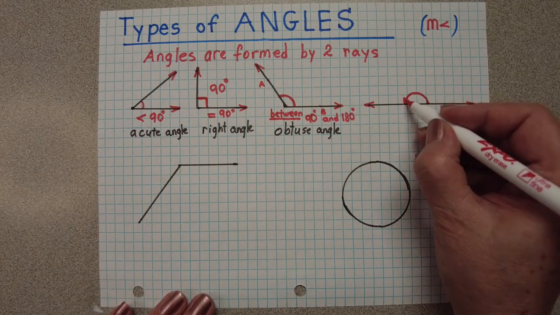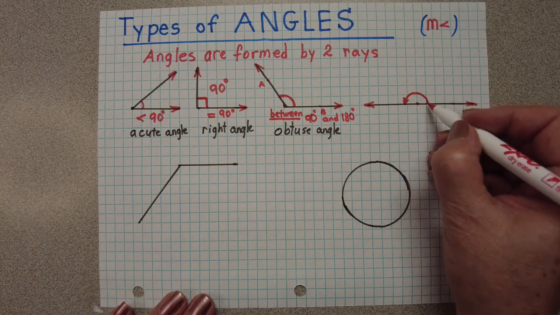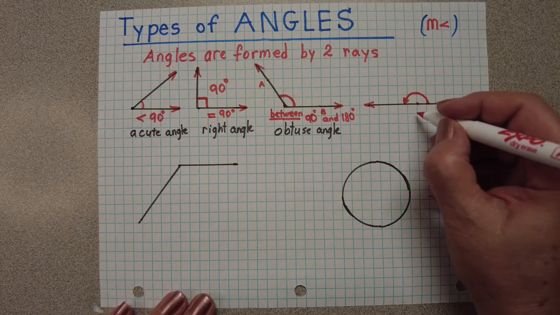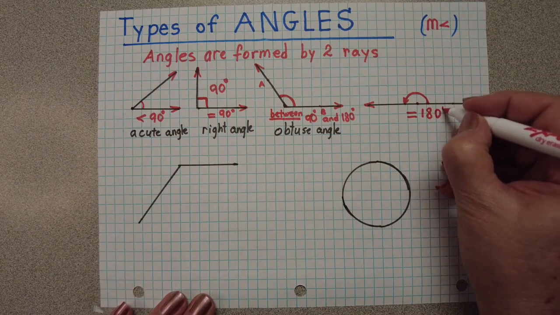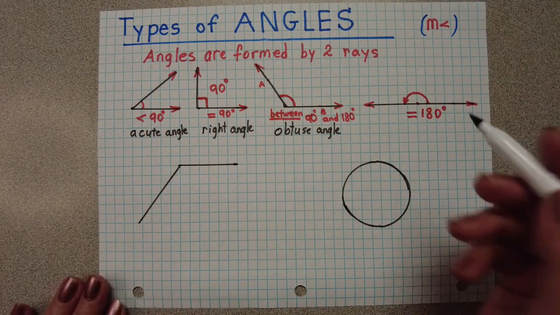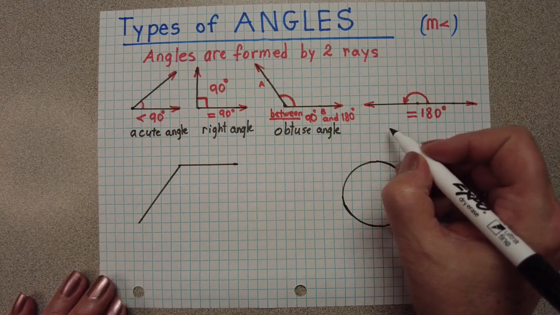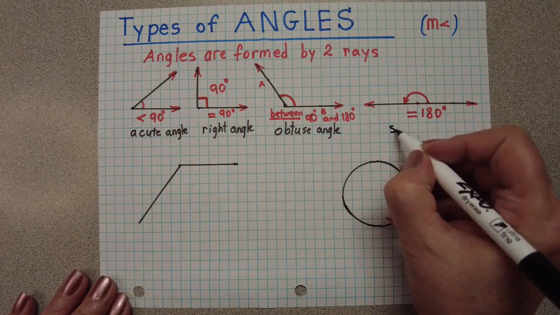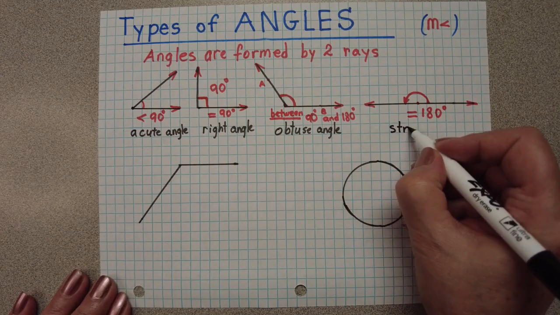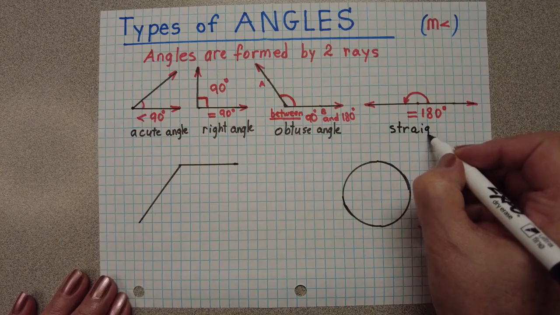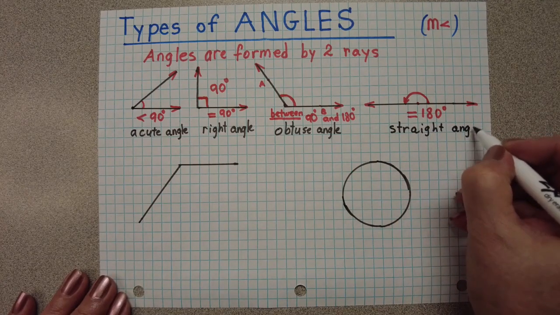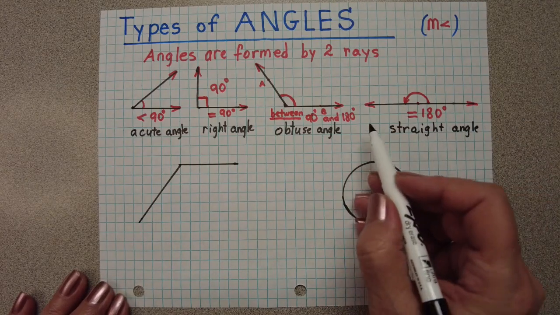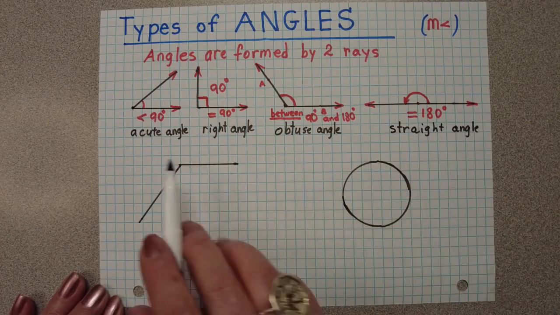This measurement, this measure in degrees, is exactly 180 degrees. In this case, we call this angle a straight angle. So this is our straight angle.